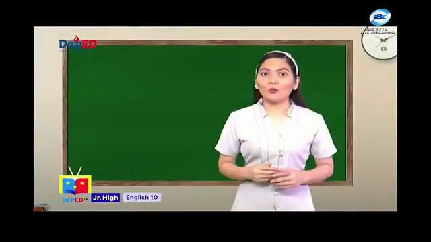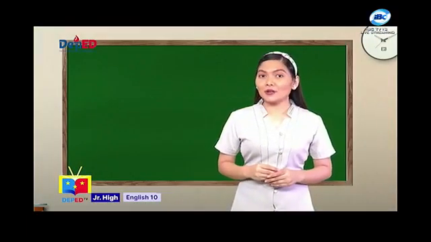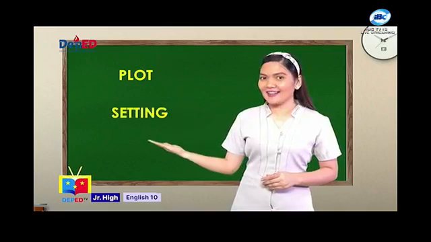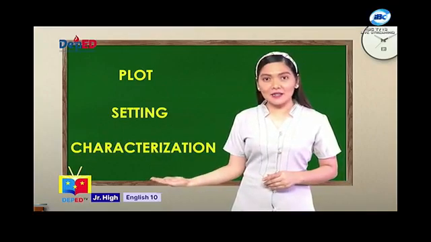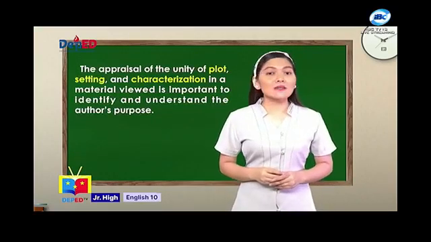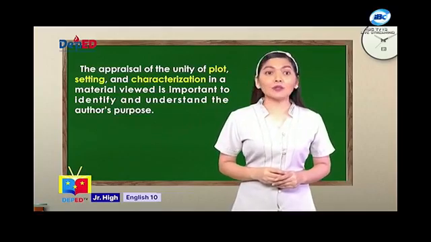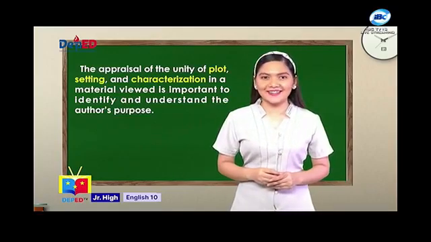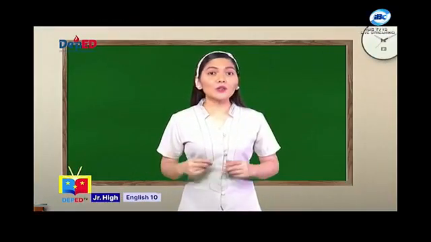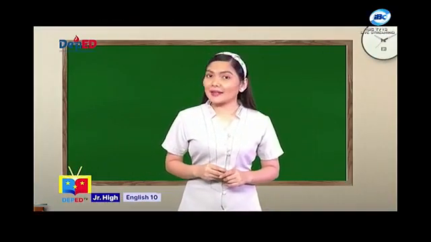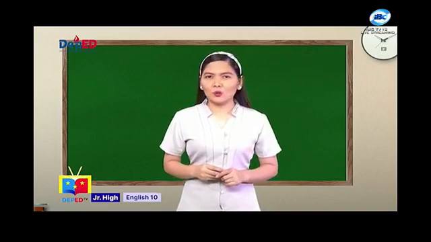Last time, we learned that the appraisal of the unity of plot, setting, and characterization in a material viewed is important to identify and understand the author's purpose. Today, we will continue studying about plot, setting, and characterization. We will dig deeper into these terms.